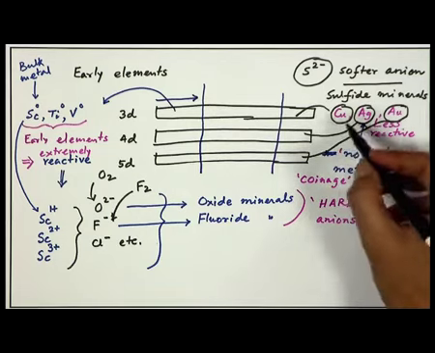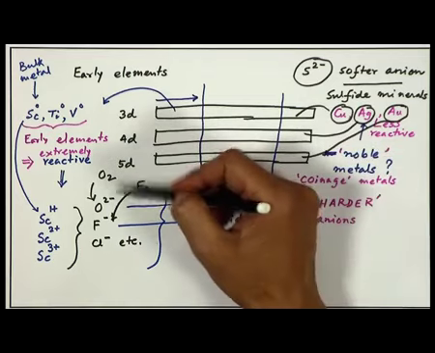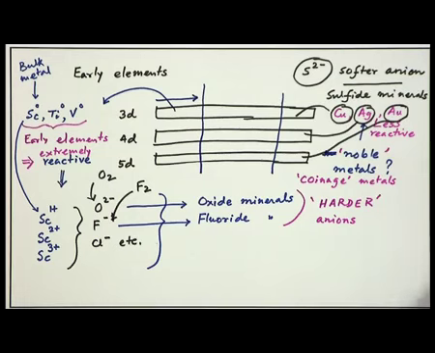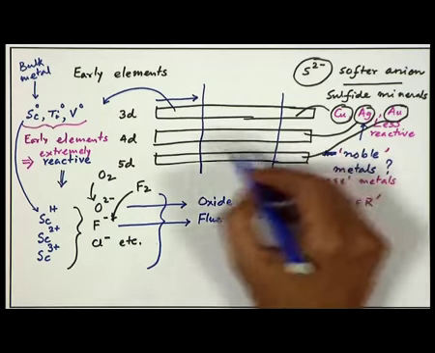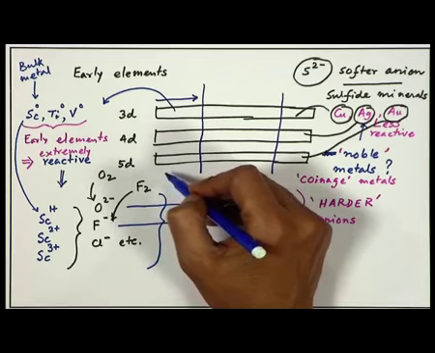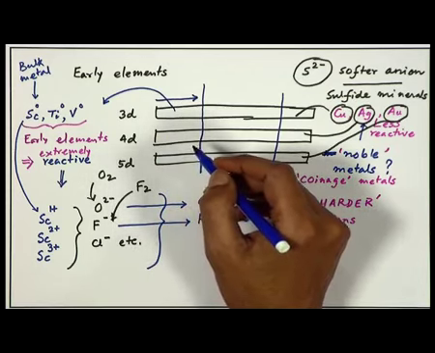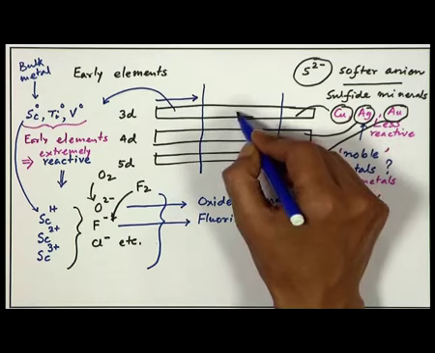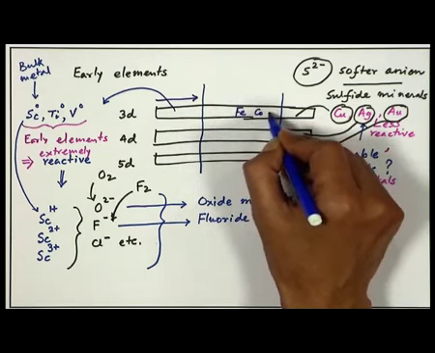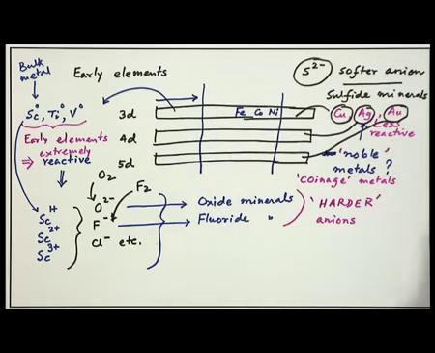So, what if we look at the right hand side and compare it with the left hand side, and now move to the other elements in the 5D and 4D series? This particular group has, suppose, iron, cobalt and nickel.